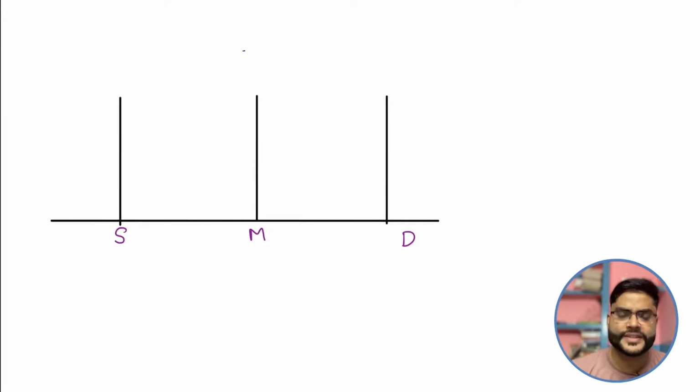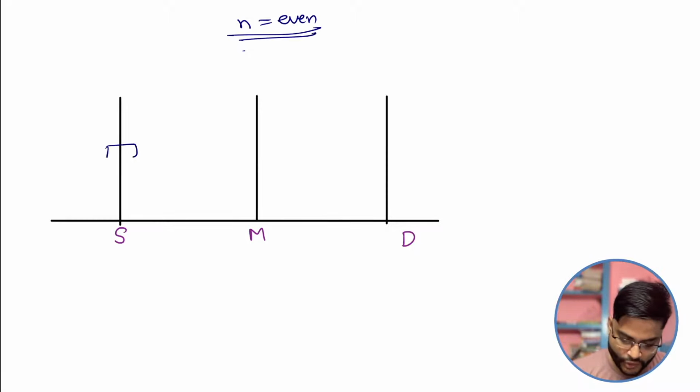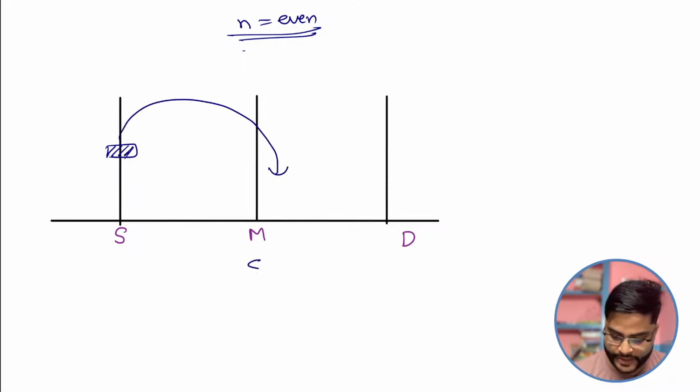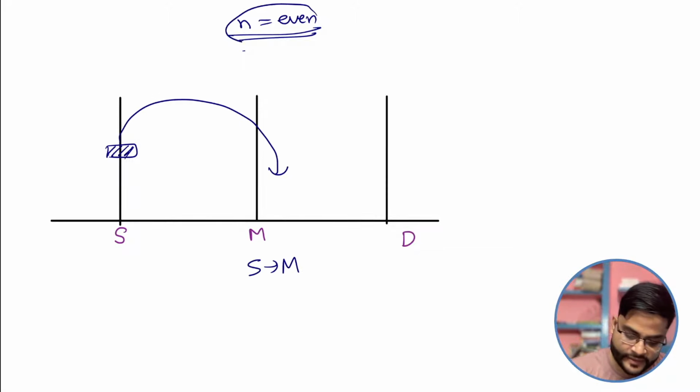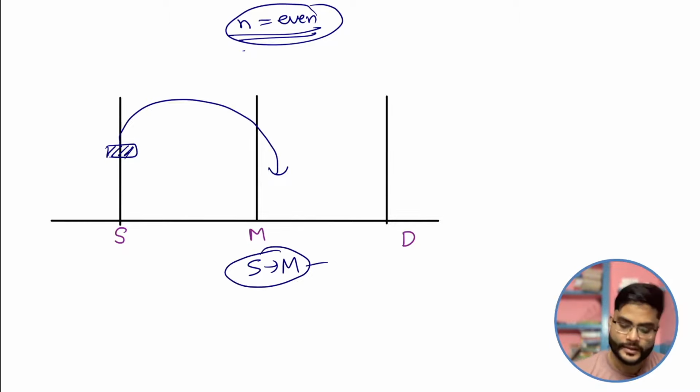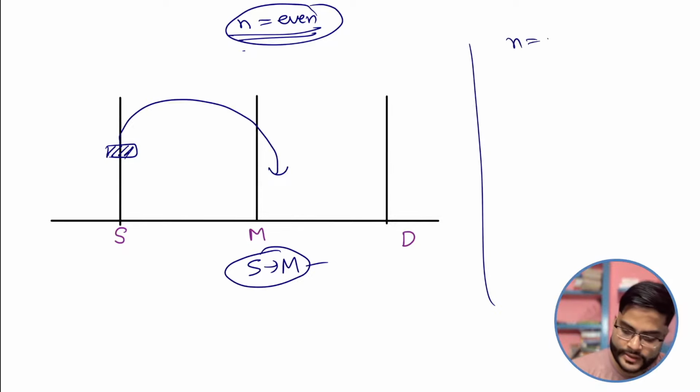One more observation I made is that whenever n is even, the first rod you move is from source to middle, and whenever n is odd, you move your first rod from source to destination.